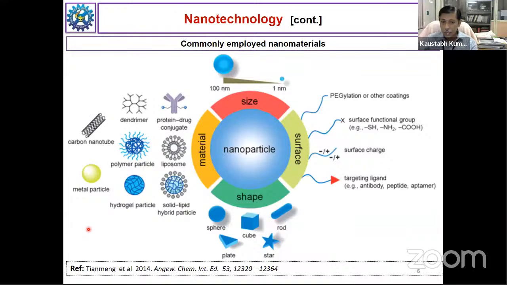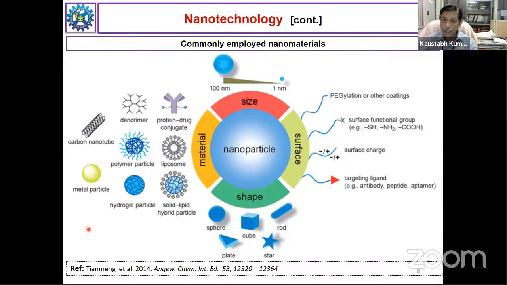This is a review published a couple of years back in Angewandte Chemie, a very good insight about nanomaterials and their features.